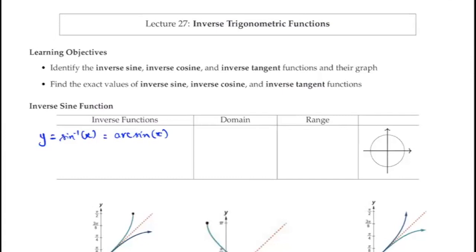So y equals the inverse sine of x, or arc sine of x, if and only if sine of y equals x. That comes from this equation: you take sine on both sides, sine and sine inverse cancel out, and you're left with x on the right-hand side. You apply sine on both sides of the equation, so that's why you get sine of y on the left-hand side. Bear with me here.